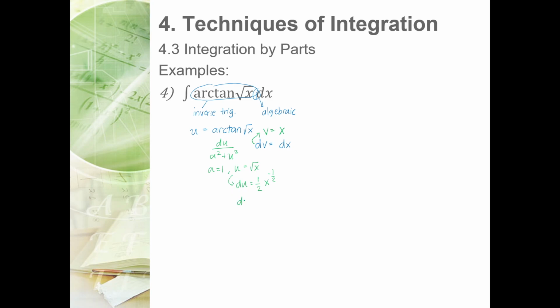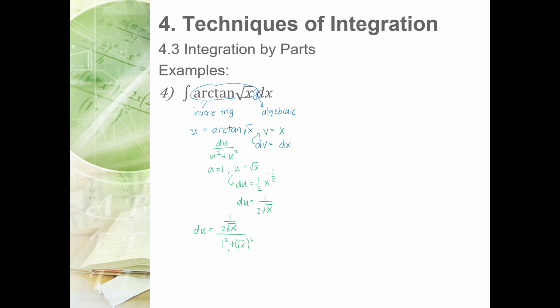So du is equal to 1 over 2 square root of x. So plugging in the different equations, our du is equal to 1 over 2 square root of x divided by 1 squared plus square root of x squared.